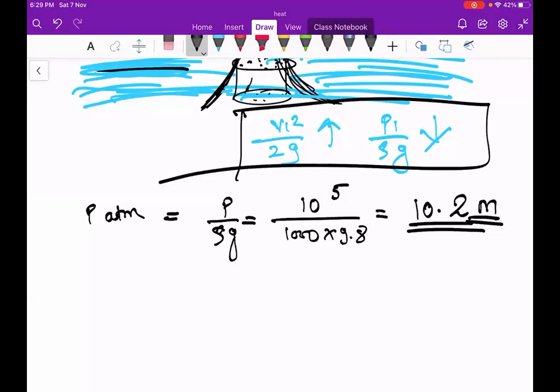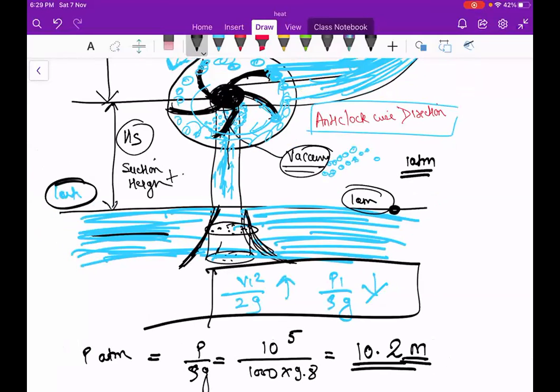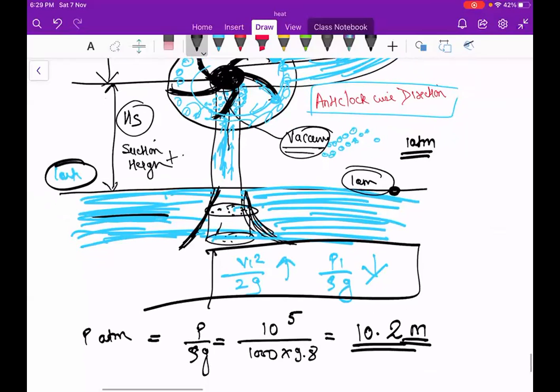Okay, fine. So what idea does it give us? Can anybody tell me what idea this 10.2 meter gives us?